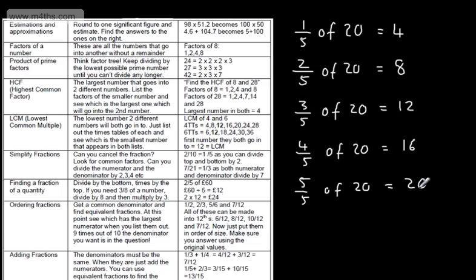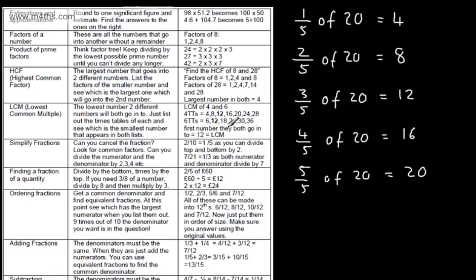Now sometimes you won't have that luxury of being able to do this in terms of non-calculator. But if we wanted to find, for example, 3/7 of, let's say, 36.94, in the calculator we can simply type it in.